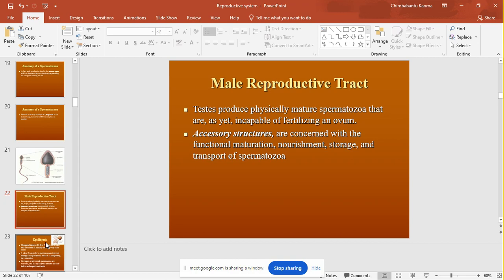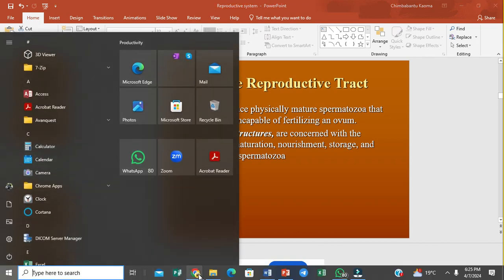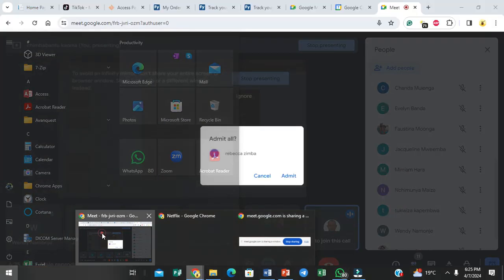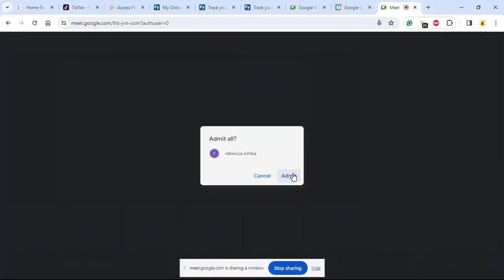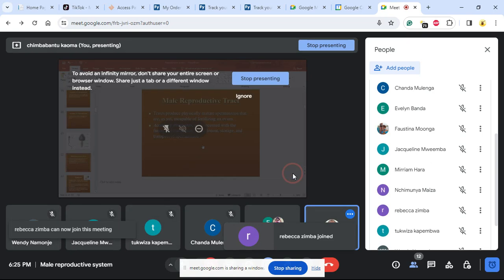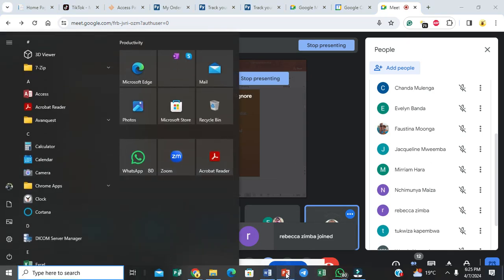For it to be capable of fertilization, it must undergo a process of maturation, which is referred to as capacitation. Okay, as you're going to see in the slides.